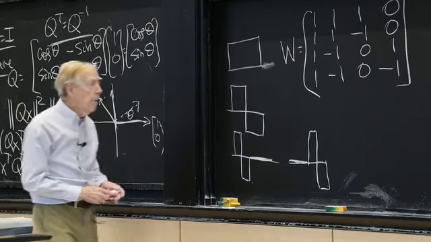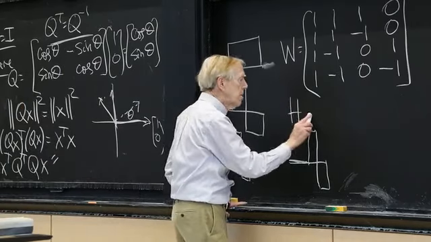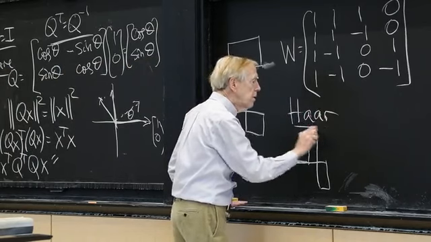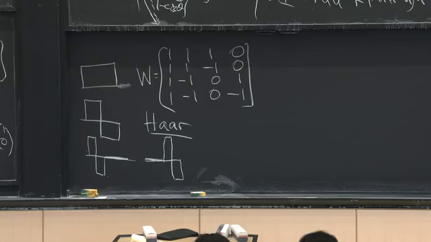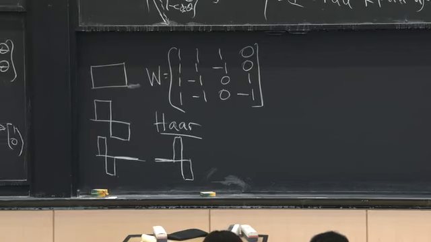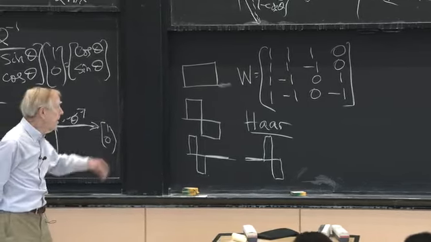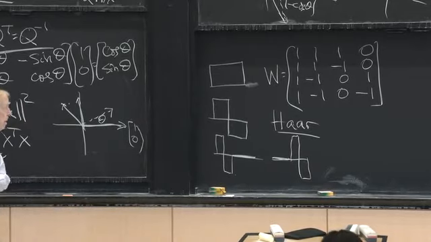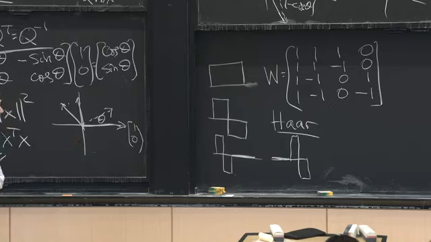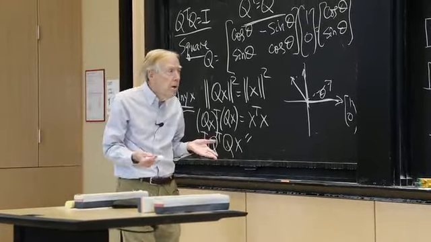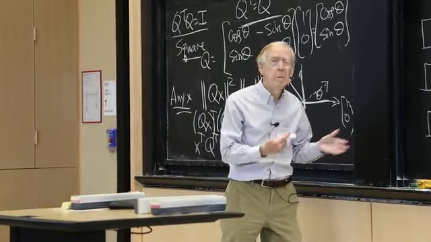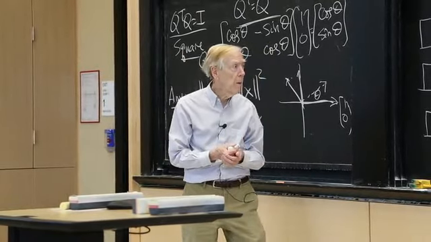So Haar came up with that. This is the Haar wavelet, which was many years before the word wavelets was invented. He came up with this construction, the Haar matrix, the Haar functions. They're very simple functions, but that makes them usable, the fact that they're so simple.